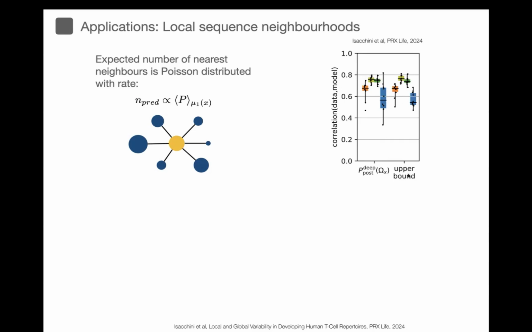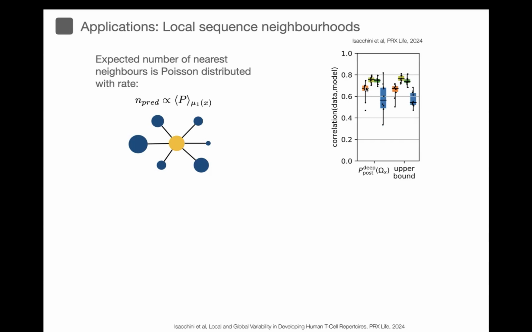It's actually up to whatever is the upper bound that comes from estimating the noise in the data itself, so it's as good as it gets in practice. And this is much better than a linear model, and much better than generation models. So it's really in trying to get this nonlinear covariation of variables in the receptor sequence that we are really able to extract a lot of information about the neighborhood of a receptor sequence.